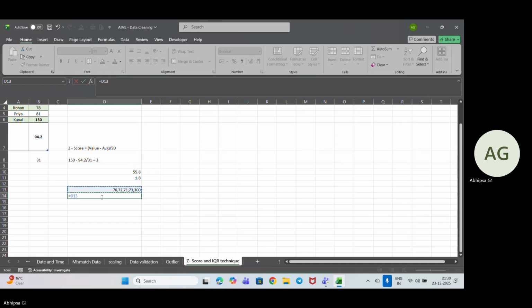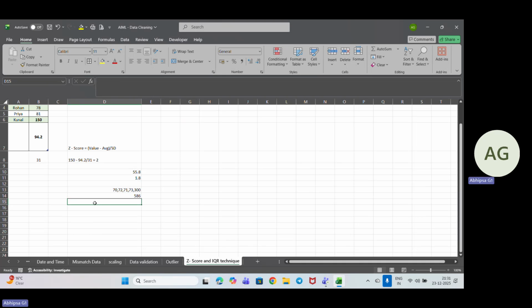Just a moment, we will be just adding that up. 70 plus 72 plus 71 plus 73 plus 300. So we have got the value as 586, right?